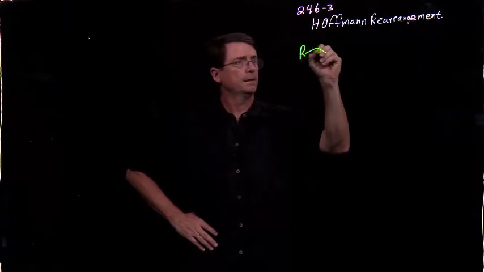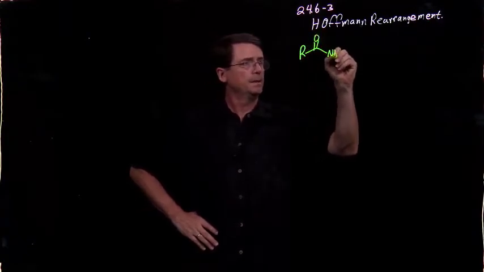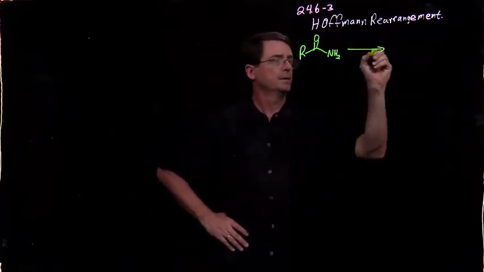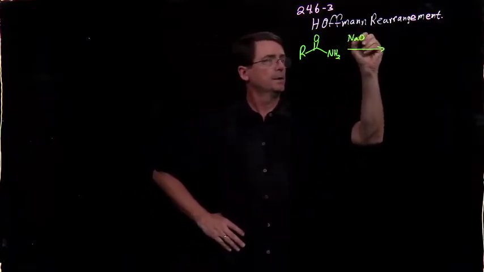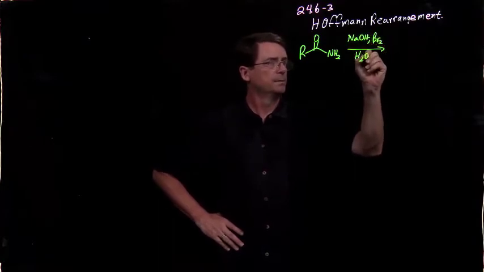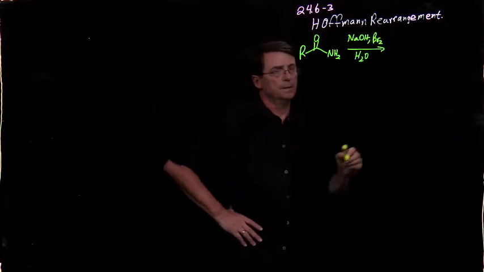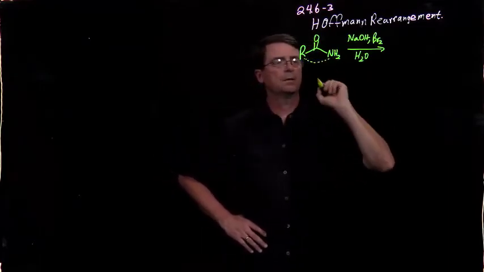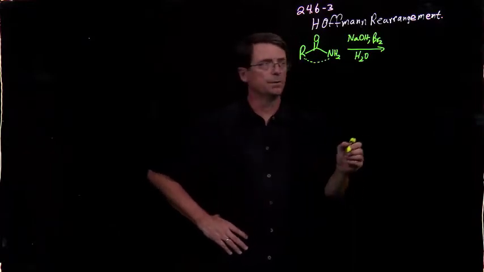We take an amide, a primary amide. It's treated with sodium hydroxide, Br2 in water. And we end up connecting the R group to the NH2 group.